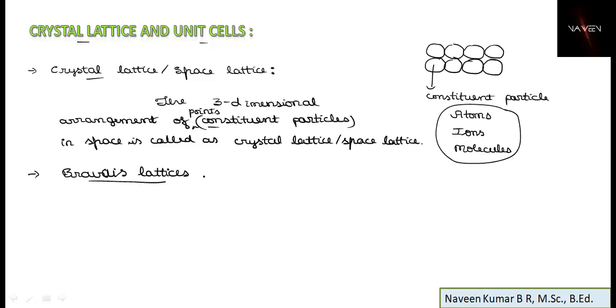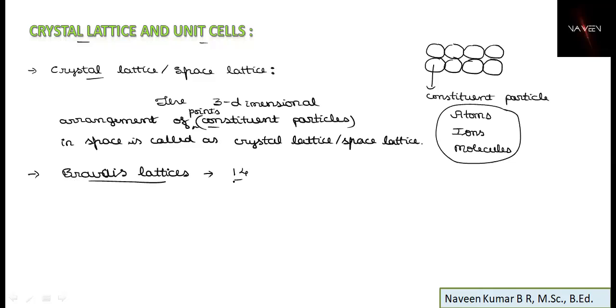So Bravais lattices, given by Bravais, in his honor, are of 14 different types. So 14 Bravais lattices are there, that is, 14 possible different three-dimensional arrangements of points in building the solid.